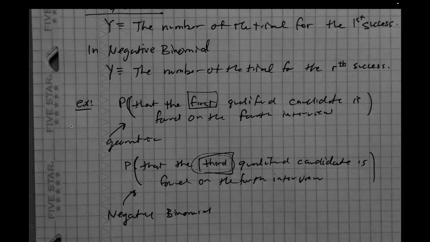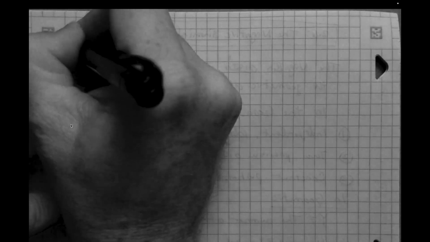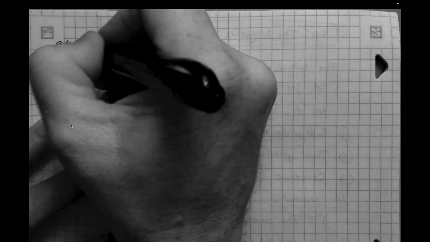We'll define the negative binomial in a second, but I want to give you one more example just to set the stage a little bit. Here's a nice example from the textbook.